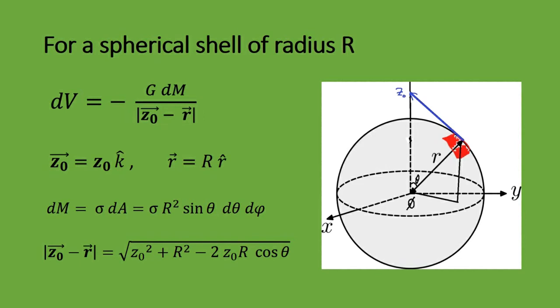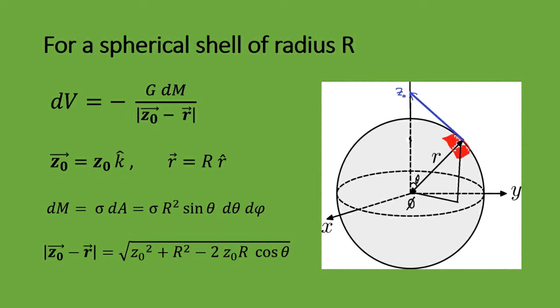Now we will take all this information and use it to find the potential outside the sphere. To do that, we're going to pick a point outside the sphere. Because the density is constant, uniform, rotating around the sphere wouldn't change anything. The sphere has something we call spherical symmetry.